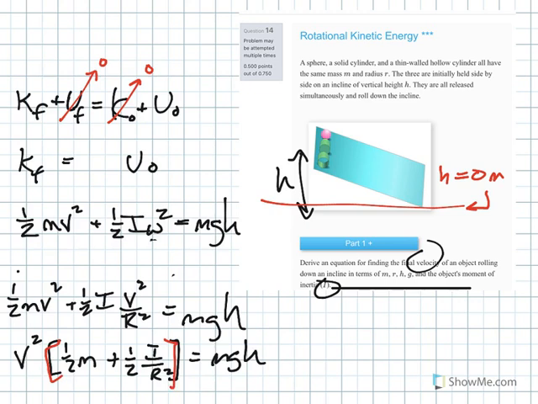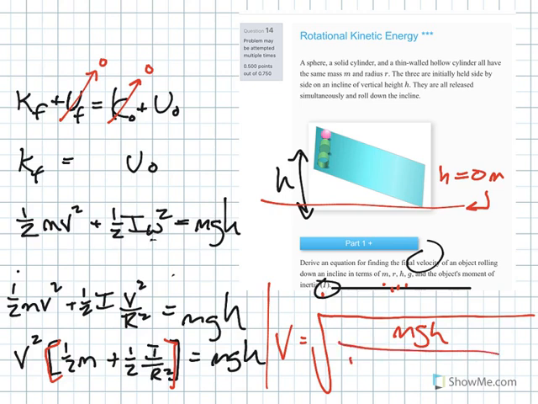But that should work. So that means that the equation for getting the final velocity in terms of M, R, H, G, and I is V equals the square root of mgh over 1/2 m plus 1/2 I over r squared.